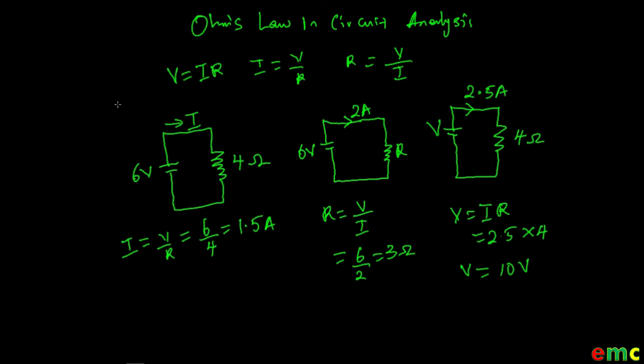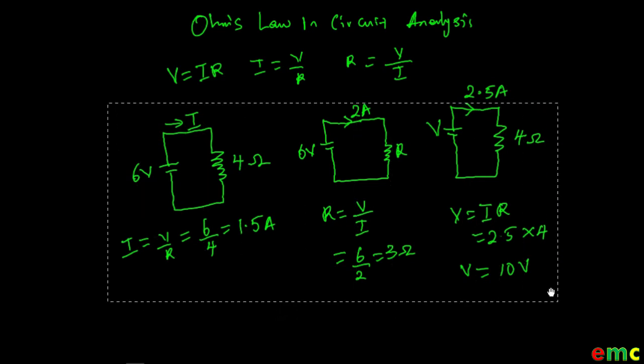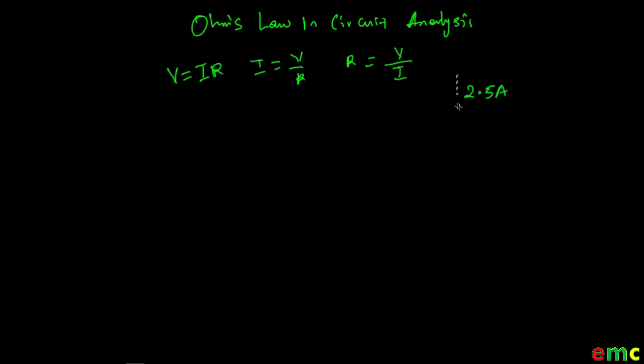Now let us apply Ohm's law to a series circuit, a circuit consisting of 2 resistors. We have a voltage source here. We have 2 resistors in series.